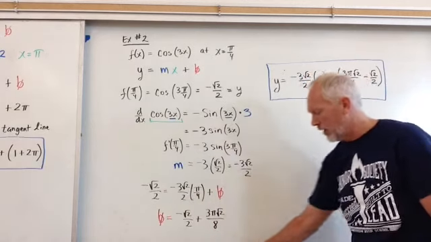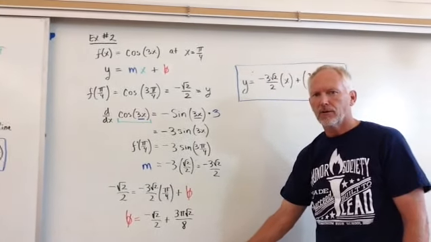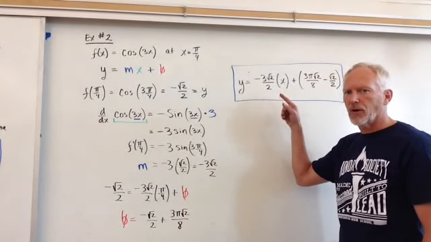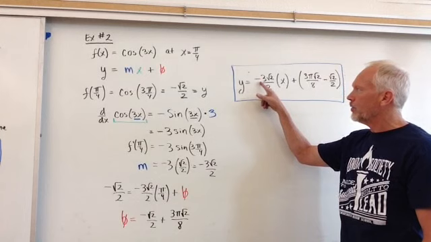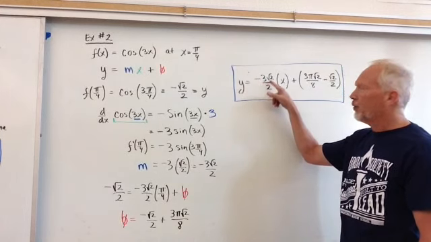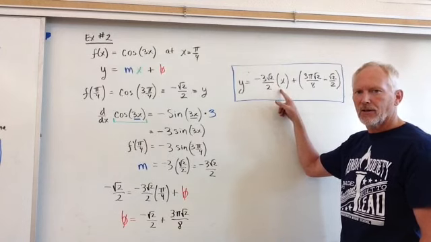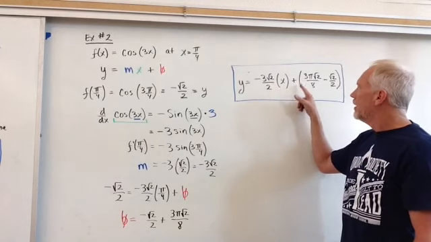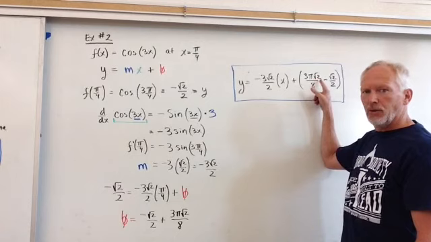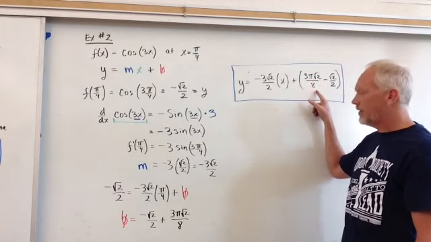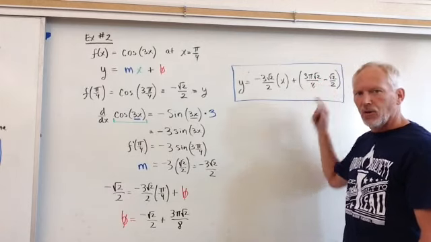All right, so our final step here, hopefully you can see this okay, is y equals negative 3 root 2 over 2 x plus 3 pi root 2 over 8 minus root 2 over 2.